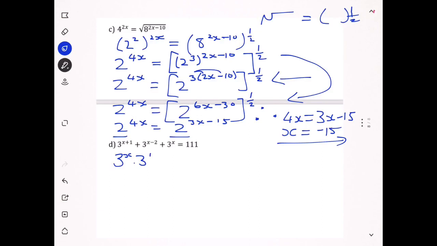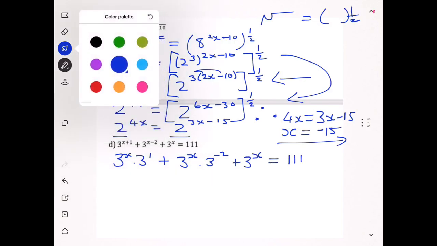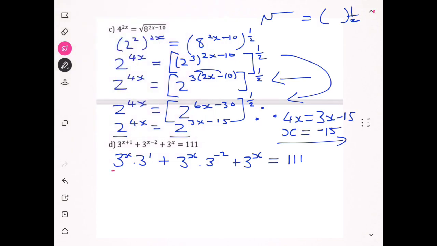We're just breaking it down into single exponents. Plus 3 to the x times 3 to the negative 2 plus 3 to the x is equal to 111. What you can see now is that in each of these terms there's a common 3 to the x. So we can take that out as a common factor.